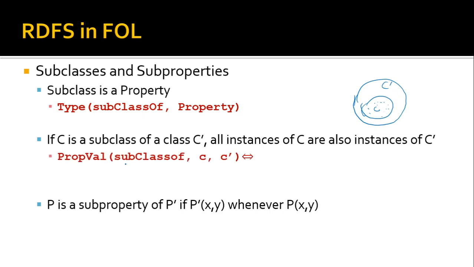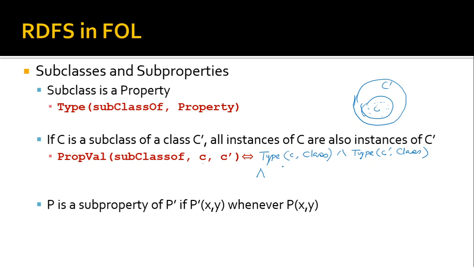So you want to define that C is a subclass of C prime, right? First of all, you need to assure that this C is a type of class and C prime is a type of class, right?